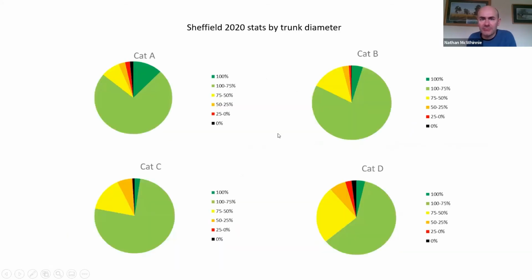So these are the same stats by trunk diameter, and you can see again with the larger trees, the Cat D trees, there's a lot more decline in them, as indicated by the yellow and the orange segments.